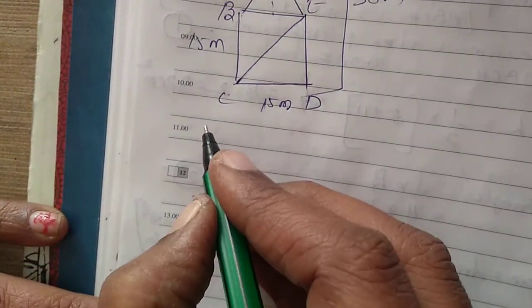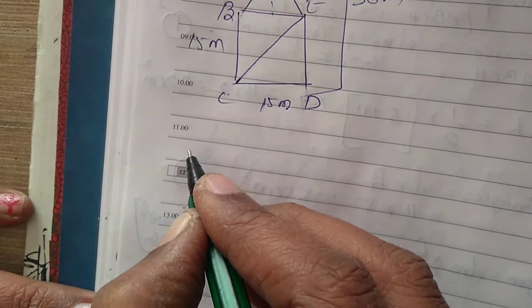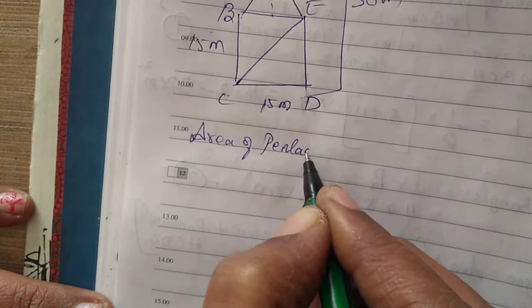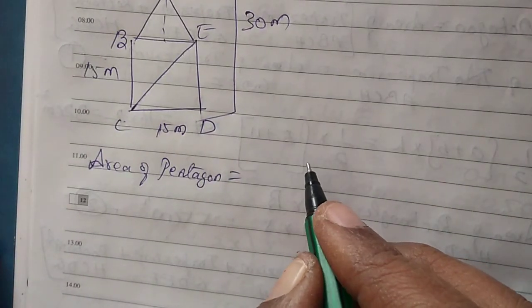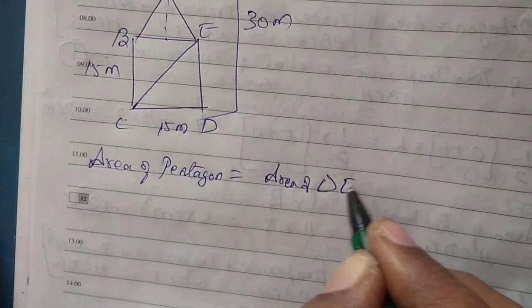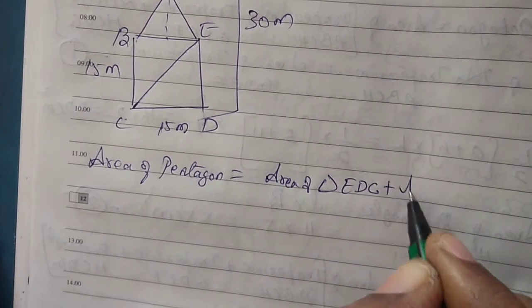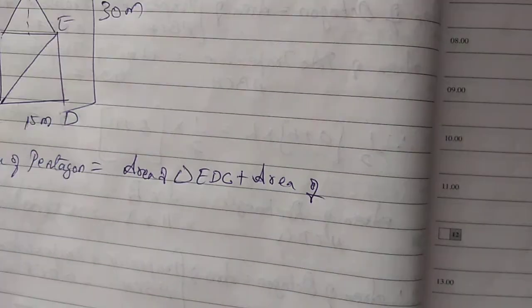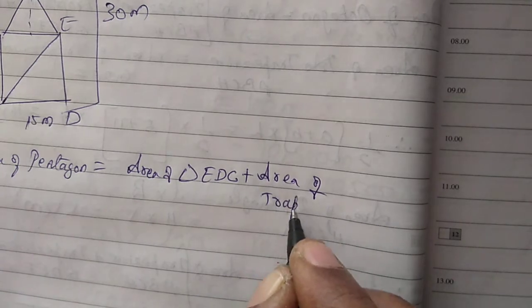So now we are going to say, area of pentagon is equal to area of triangle EDC plus area of trapezium ABCE.